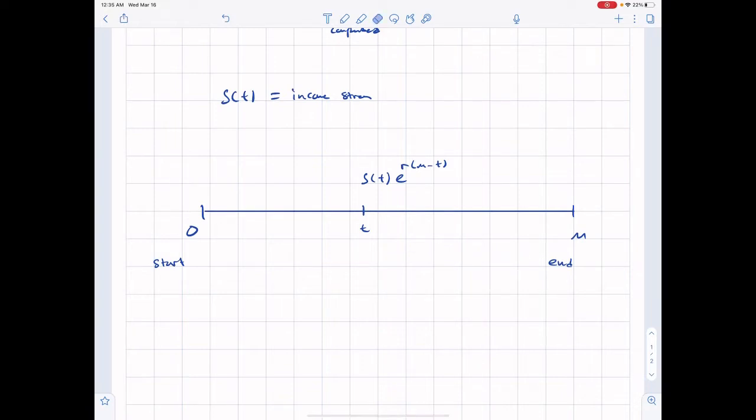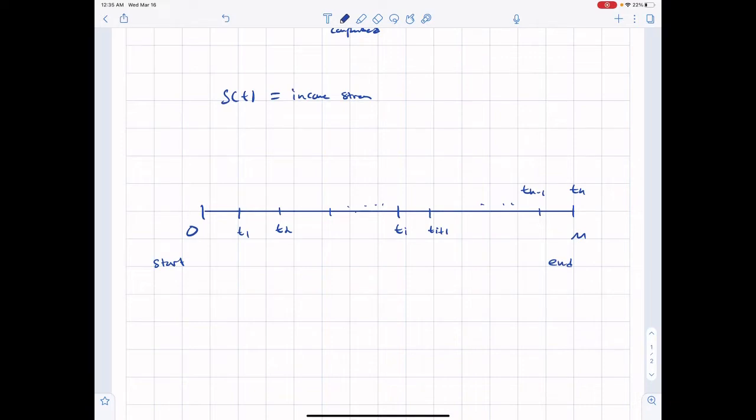I'm going to partition this interval from 0 to M. So here, this is t1, and that's t2, and I keep going like this, ti, and ti plus 1, all the way to the last one, tn, and tn minus 1 is the second last point.